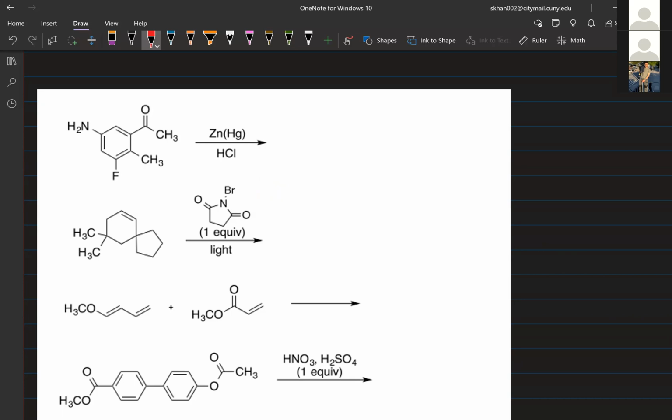So what kind of functional groups does it interact with? The carbonyl. The double bond is going to disappear and it's going to be carbon with two H's.